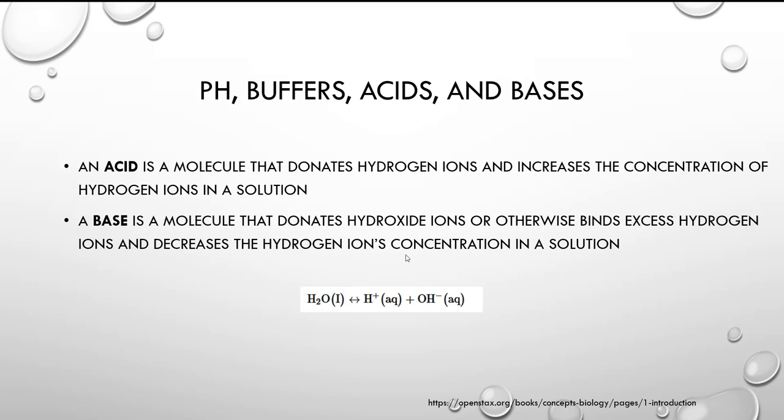Now if we add hydroxide ions to a solution, that will bind to excess hydrogen ions. So if we're binding to excess hydrogen ions, we're going to make the solution less acidic. We're taking away those hydrogen ions. Okay, so that decreases the hydrogen ion concentration. All right. So adding an acid increases the hydrogen ion concentration, whereas adding a base decreases the hydrogen ion concentration.